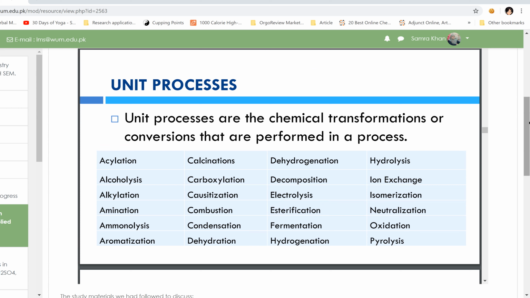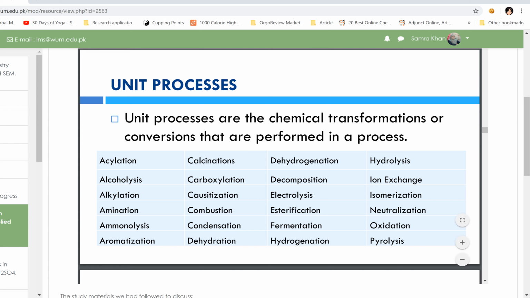Unit processes are the many chemical processes and reactions that you have studied in organic and inorganic chemistry. Acylation, you're familiar: the introduction of the acyl group. Alcoholysis, breakdown via alcohol. Alkylation, introduction of the alkyl group. Amination, introduction of the amino group. Ammonolysis, aromatization, dehydration.